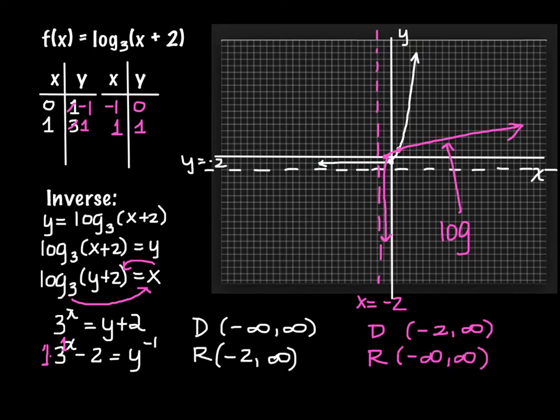And notice these also switched. So not only did I switch my x and my y to find the inverse, after I made a table, I switched my x and my y to make the table of the inverse, and then my domain and range switch for the inverse.